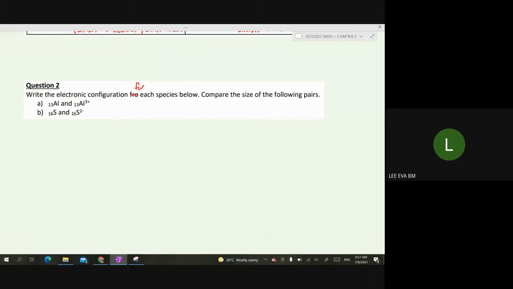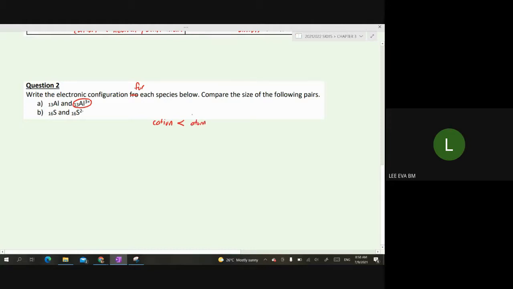Mana satu lagi kecil? Which one is smaller in size? Al3+ or Al? Al3+. So just now we said cation is always smaller than the neutral atom.